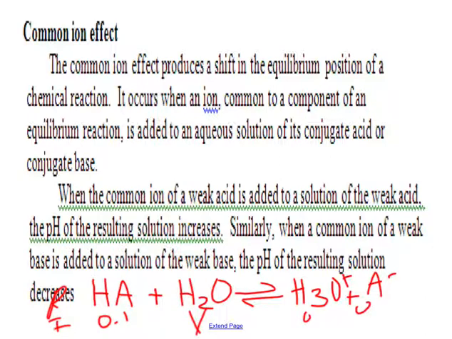Well, in the common ion effect, from the get-go, you have the presence of some molarity of the conjugate to that weak acid. The fact that you have the weak acid and its conjugate base present at the beginning is what we call a buffer system.